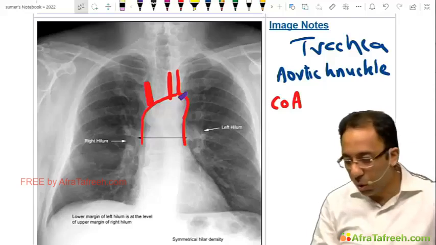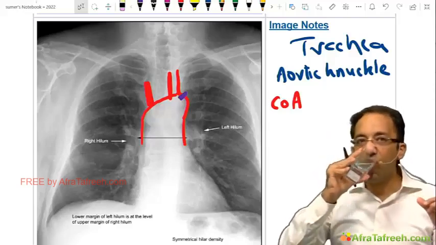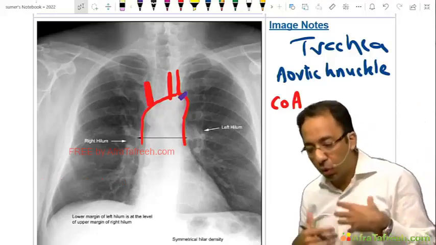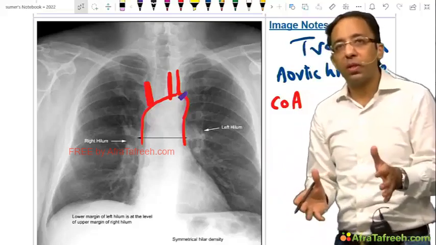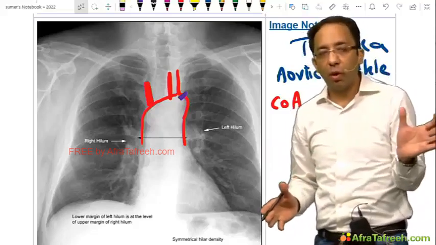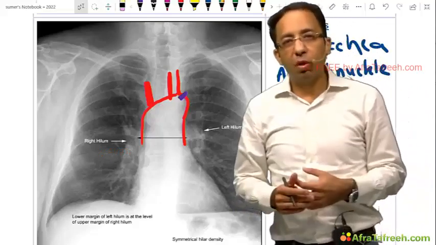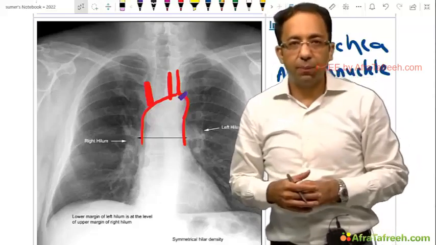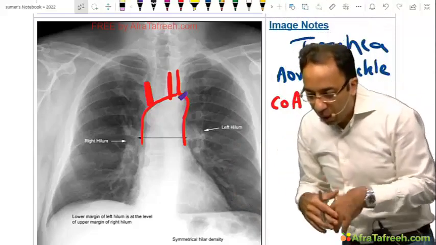So let me ask you a question. I want you not to go towards the diseases right now. Look at the normal structures first. I'll tell you the diseases later on. But my question to you is, suppose you have coarctation of aorta, what will happen to left subclavian? If someone has coarctation, what will happen to the left subclavian?